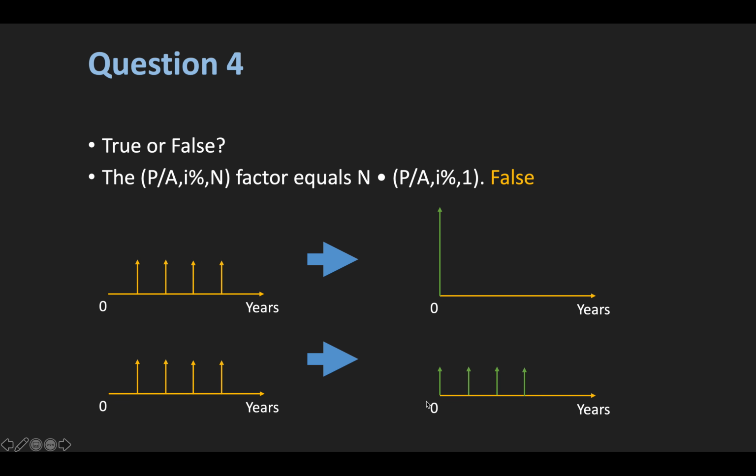Only this part is a present value. All these 3 are still future values. We haven't brought them back yet. So we have to bring them one by one back, or convert them back to their values at year 0. Then the present value of these 2 could be the same. So that's why this is false.